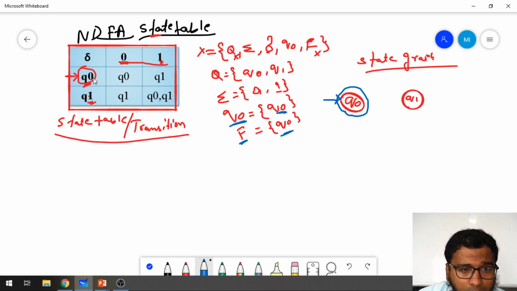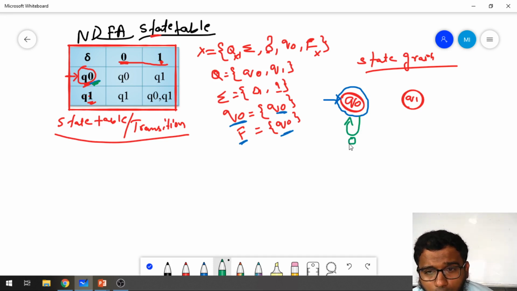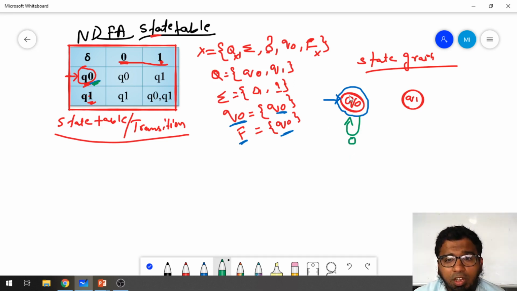Now, if Q0 is 0, then where is it going? Q0. So, just take a loop like this, 0. Whenever the input is 0, it is going to Q0 only.